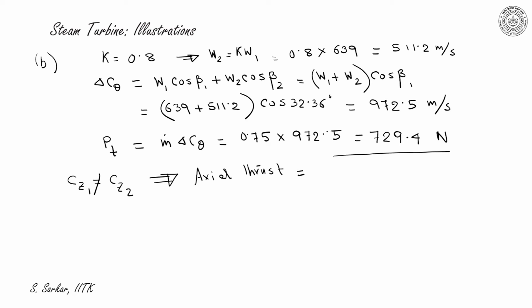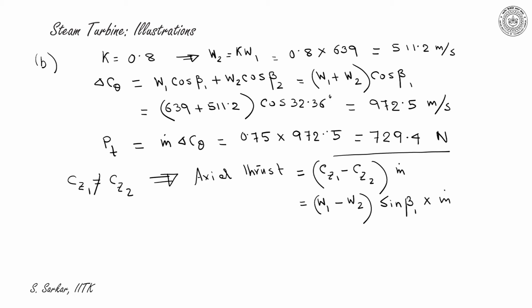That means CZ1 minus CZ2 into m dot. So that will be W1 minus W2 into sine beta 1 into m dot.